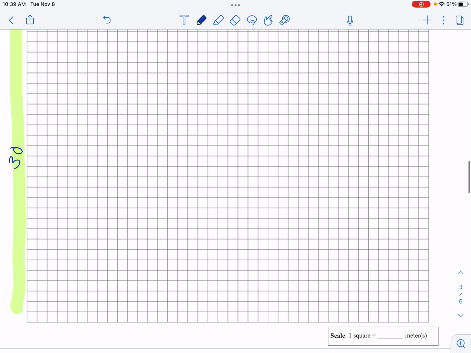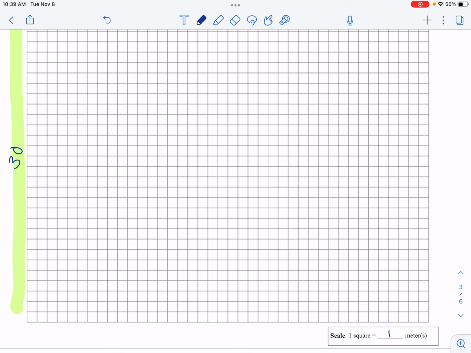So for this particular grid, I think there are about 30 squares going this way. So if you made every square 1 meter, the maximum height your roller coaster could be would be 30 meters, which isn't very tall.